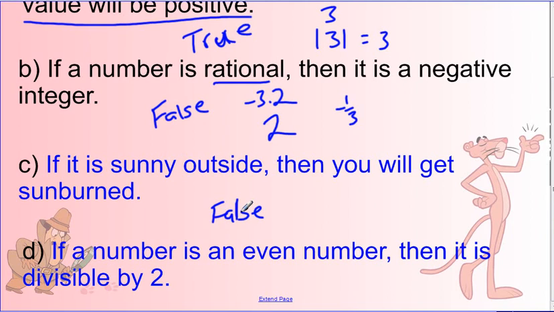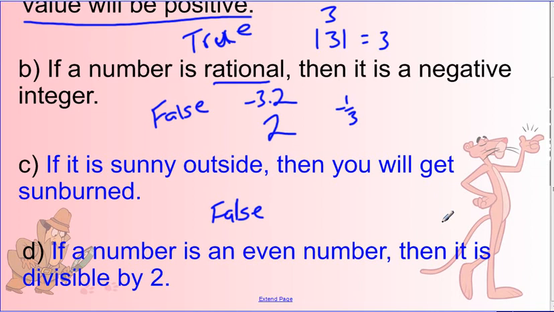You could live in Alaska. Well, you can get sunburned in Alaska, but it might be sunny, but it doesn't have as many harmful rays. Or, I mean, you could be in a house. It's sunny outside. If you're sitting inside playing video games all day, you're not going to get sunburned. So this is not always true. So we say it's false.